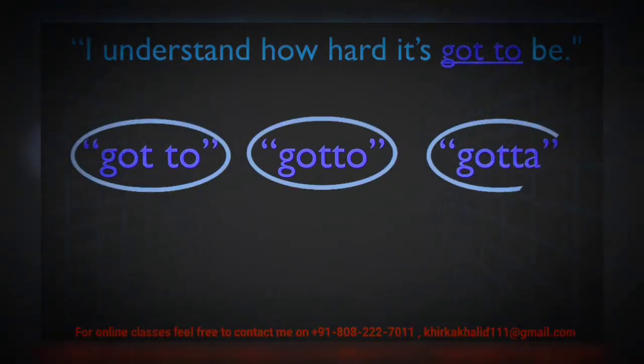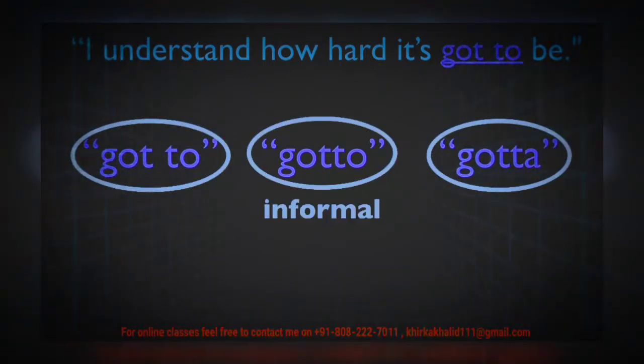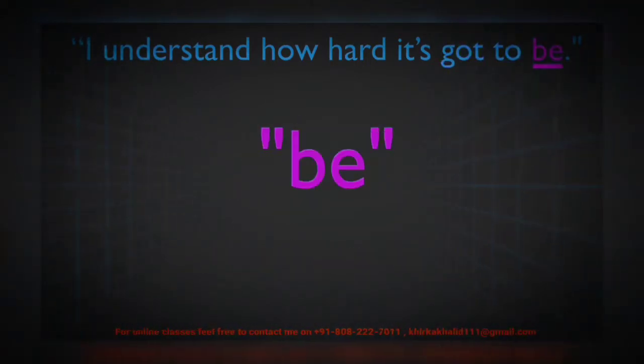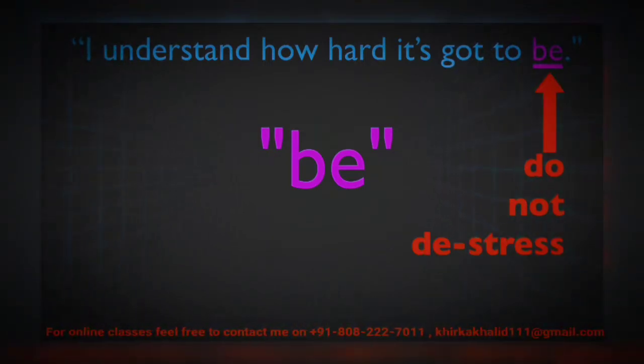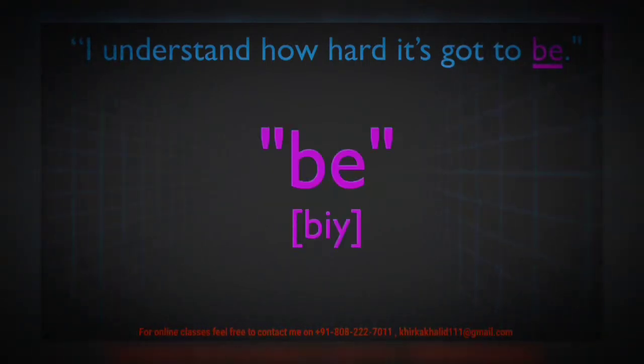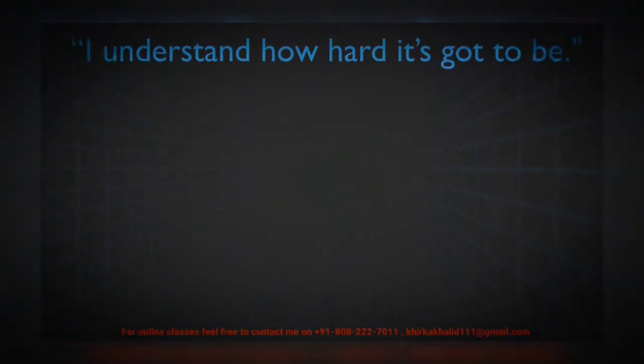Note that saying got to or gotta is an informal way of saying has to or must. Be. In English, we do not de-stress the last word in sentences, even if they are function words, so you can say the be loud and clear.